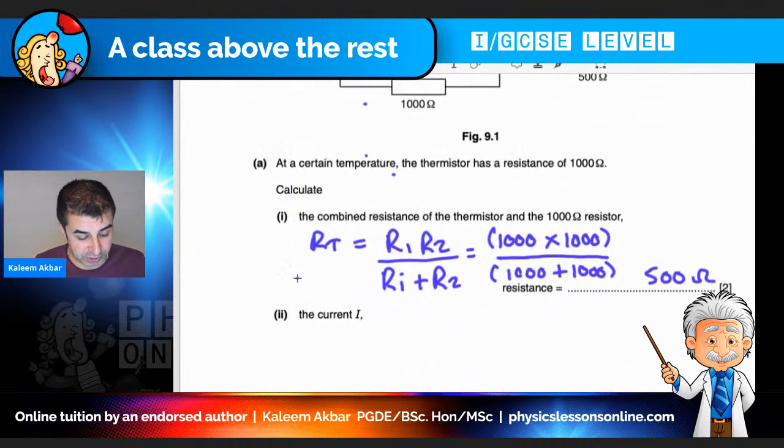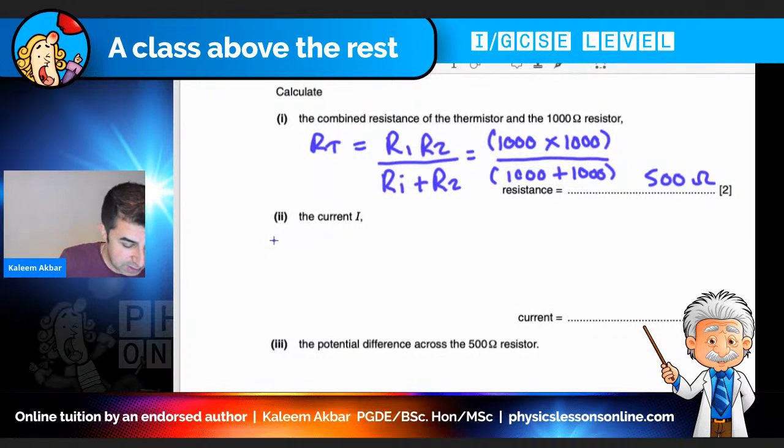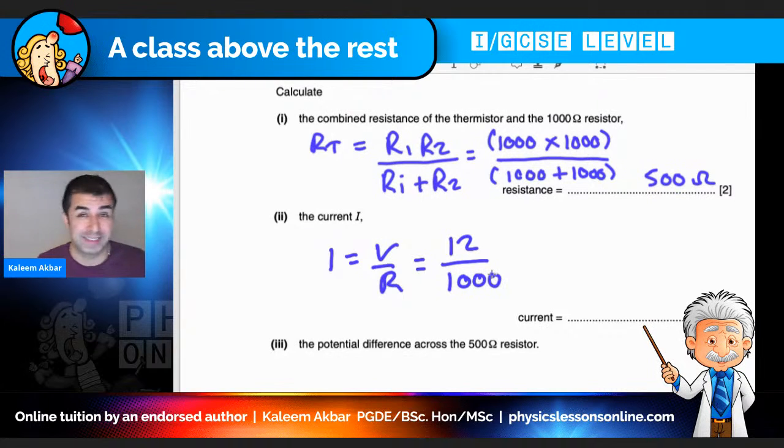So what I would suggest you do here is I equals V over R, which is 12 divided by the total resistance of 1000. Now remember why that's the case. The total resistance in parallel was 500. You've got another resistor in series of 500.